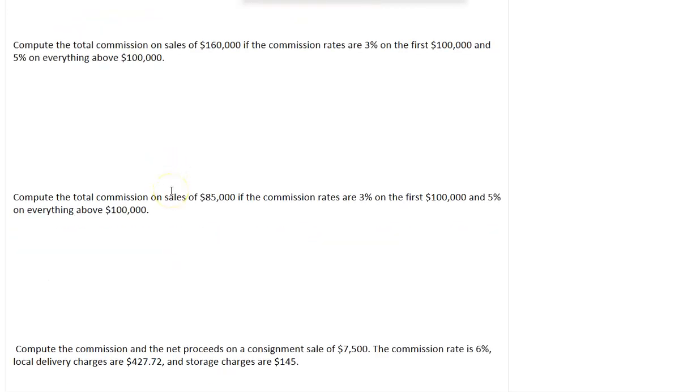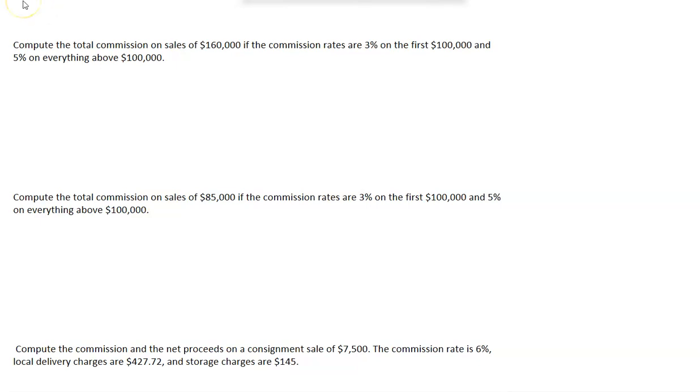Okay, some people who are paid on commission are paid on a differential or graduated pay scale. And so depending on the amount that they sell, they get paid a different commission amount.